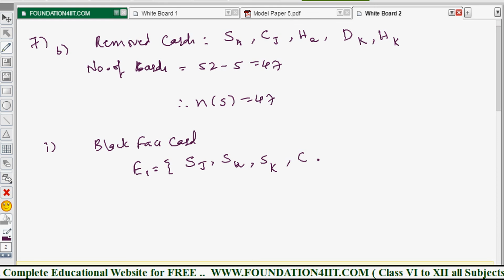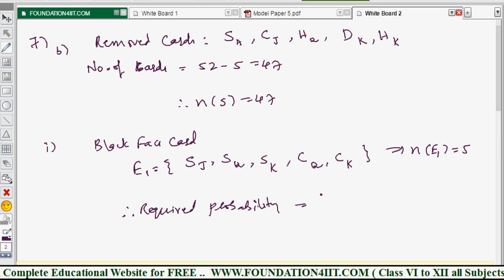And clubs also: club jack, club queen, club king, but club jack is removed. So club queen and club king. From this, n of E1 is equal to 5. Therefore the required probability for this first question is n of E1 by n of S, 5 by 47.